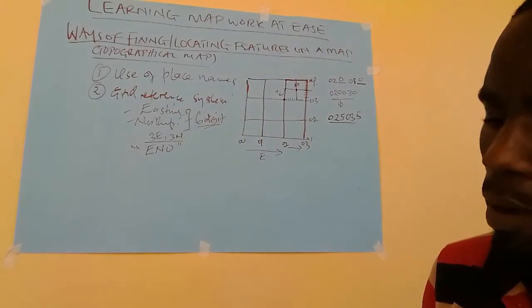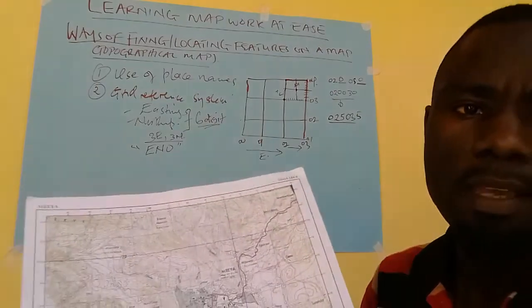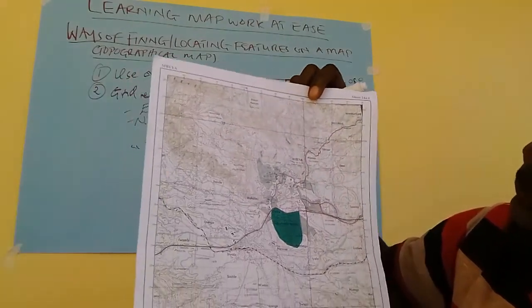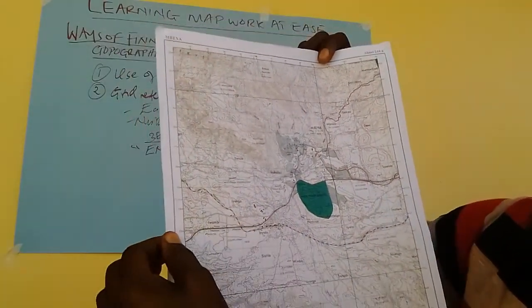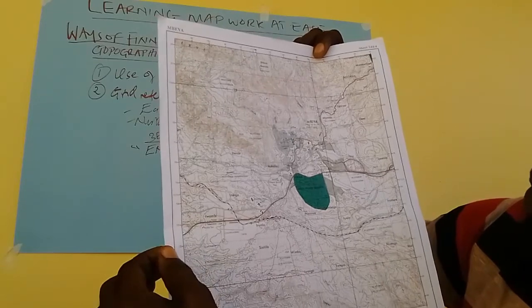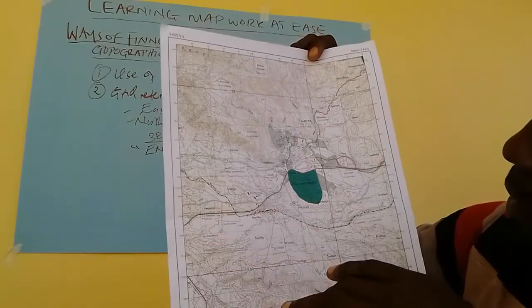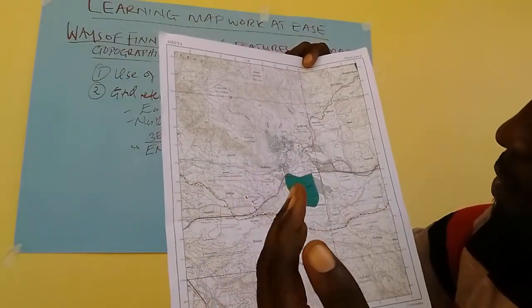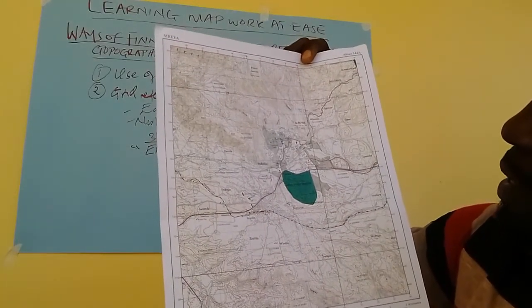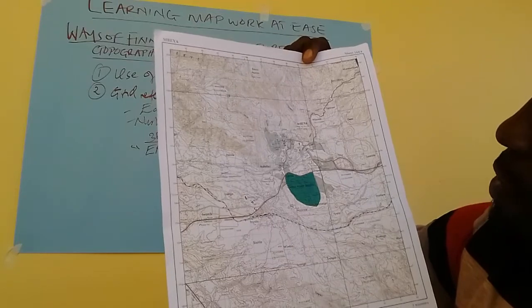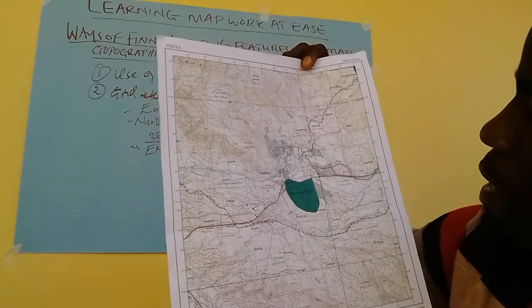That is also another way of giving evidence from the map. For example, again here, if we use this map extract, hope you can see it. They asked for social services, and I want to give a social service, which is a hospital.